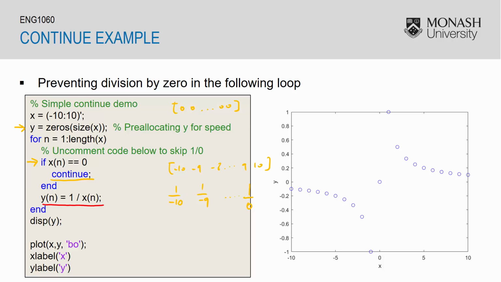So it will skip this calculation and start the next iteration. The result of the following code is shown on the right hand side, where we have 1 divided by x for most of the values except for x equals 0, which was a pre-allocation from y equals 0.